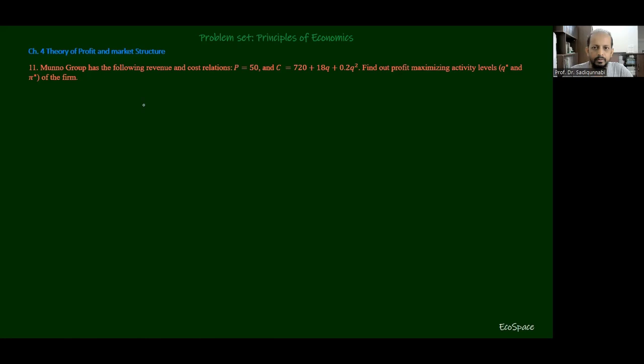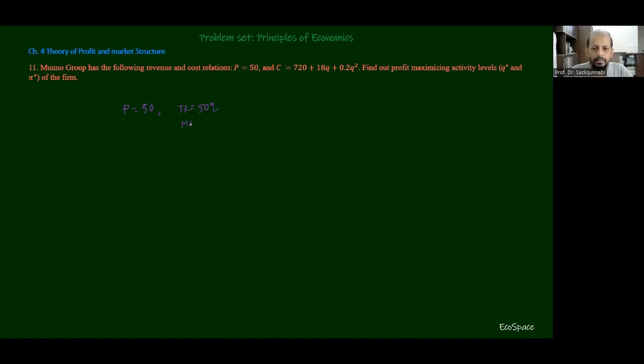So our price P equals 50, and because price is fixed, this is actually the inverse demand curve. So price is fixed, then our total revenue is 50Q.